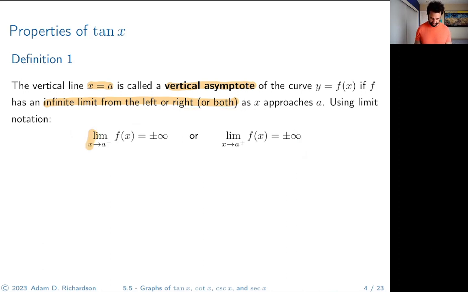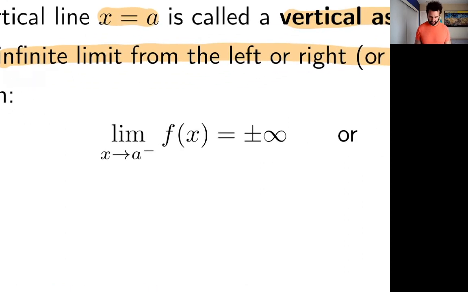This symbol right here is what we call the limit operator, this one over here as well. And the limit operator essentially tells you to take points that are closer and closer to a point. So here in this case, let me zoom in a little bit. See how it says, as x goes to a, and then there's a superscript minus sign.